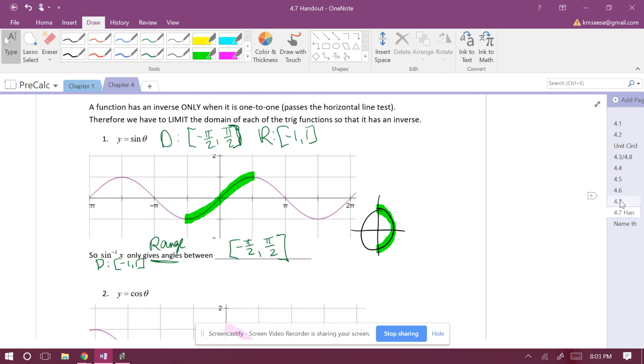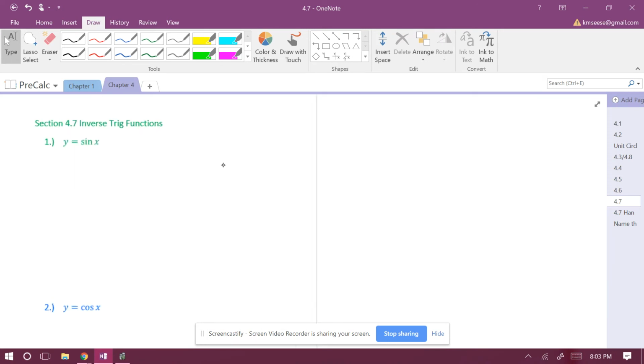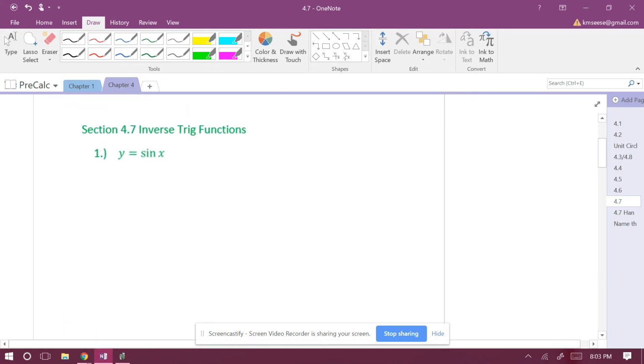All right, going back to our notes. Inverse trig functions. If we limit the domain of sine to be between negative pi halves and pi halves, its range would be from -1 to 1. What does that look like graphically?